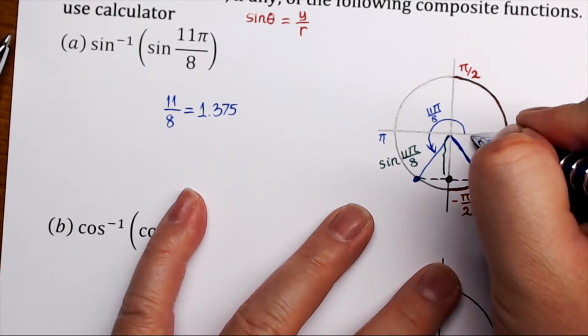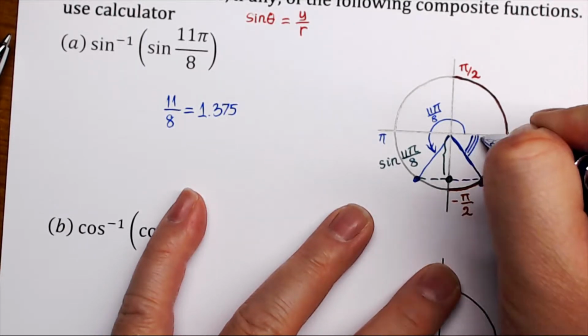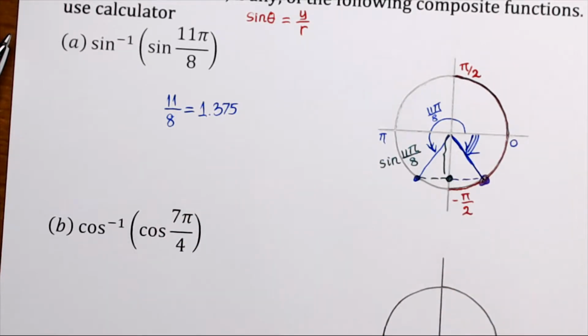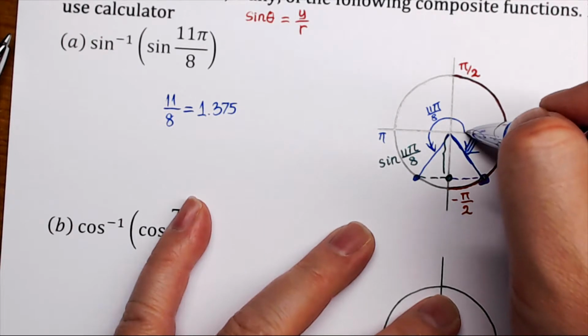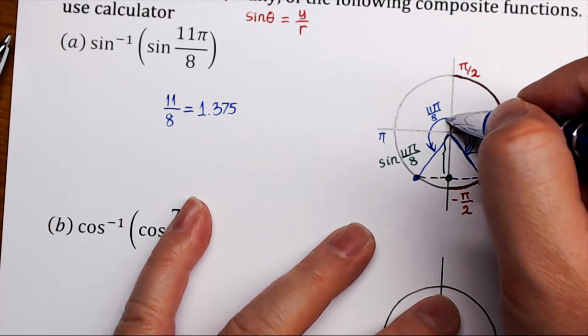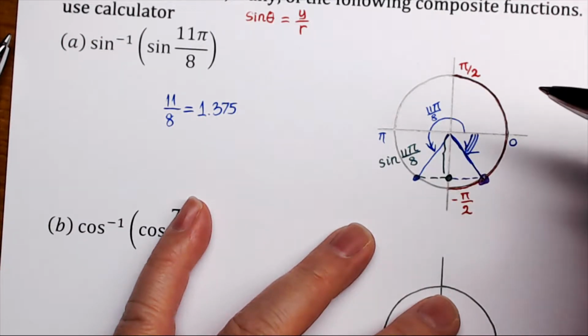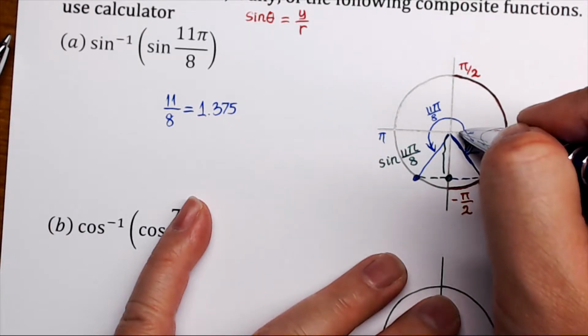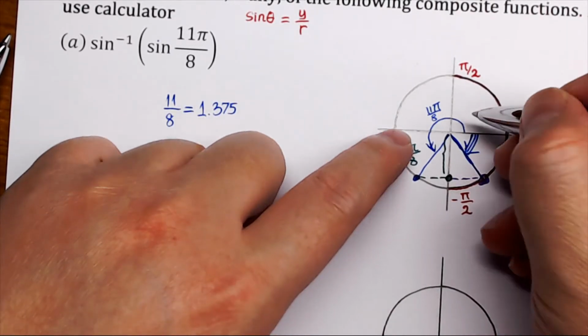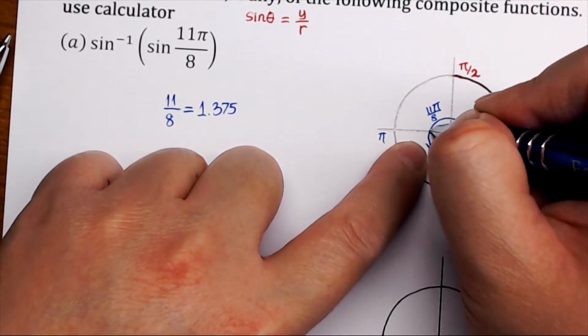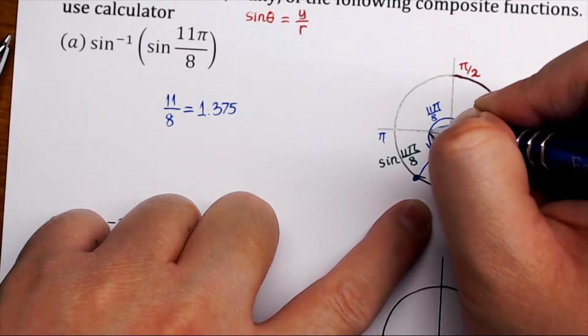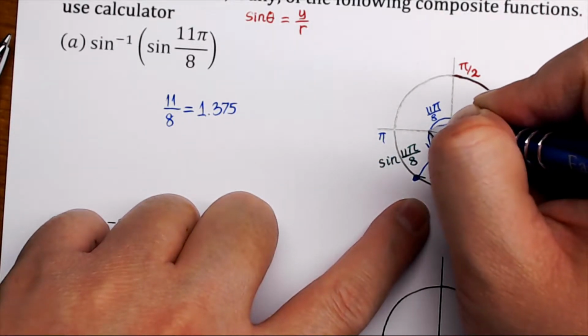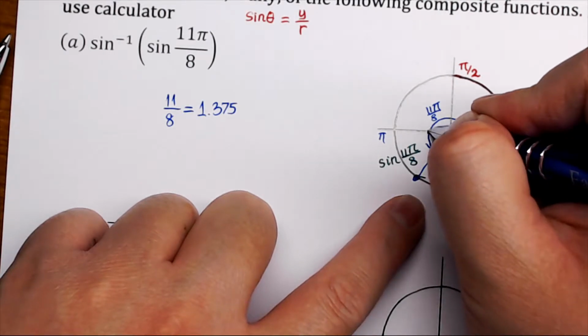Next, we will find the range of the sine inverse. First of all, the sine inverse will give us the angle. On the trig function, we always have the first quadrant.